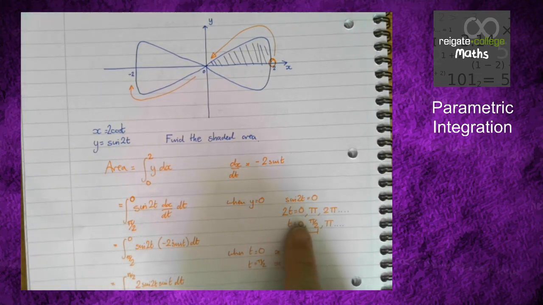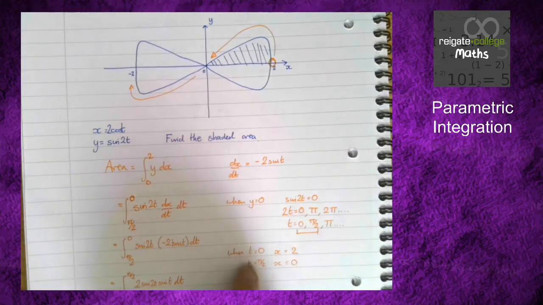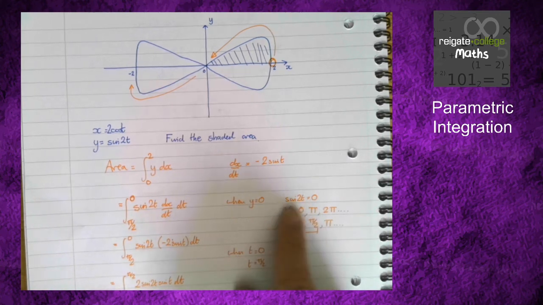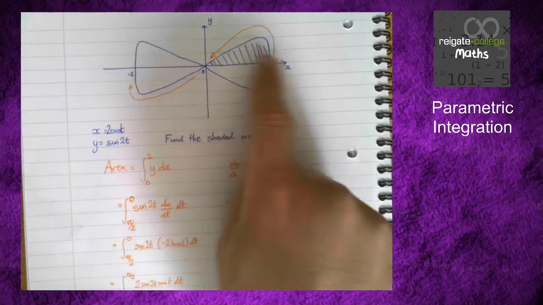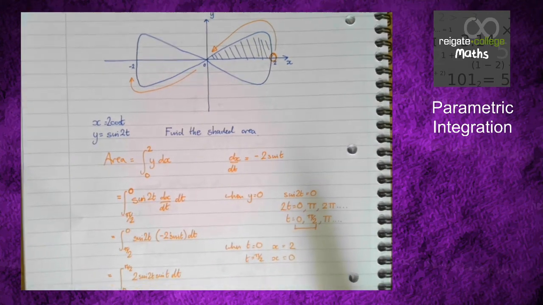Typically with trig, the important thing is to not just consider principal value, secondary value, but to consider all of the possible values that you could have and check them in your other variable. So we used y as 0 to work the t values out, and then we tested them in x to find which ones worked with the points we wanted. So that's something you need to be really careful of when doing these questions.